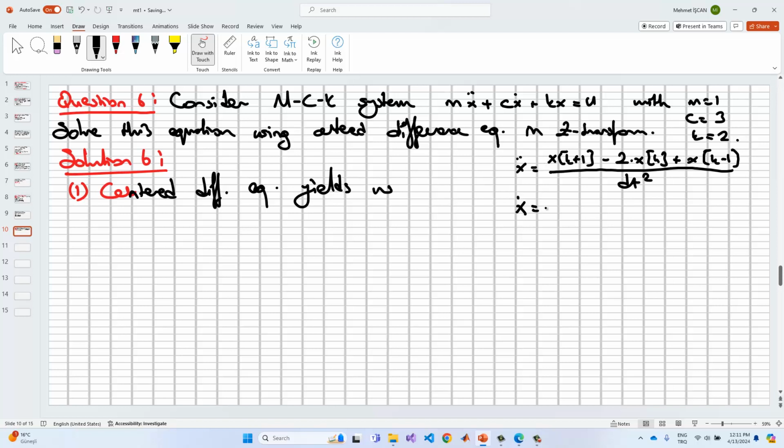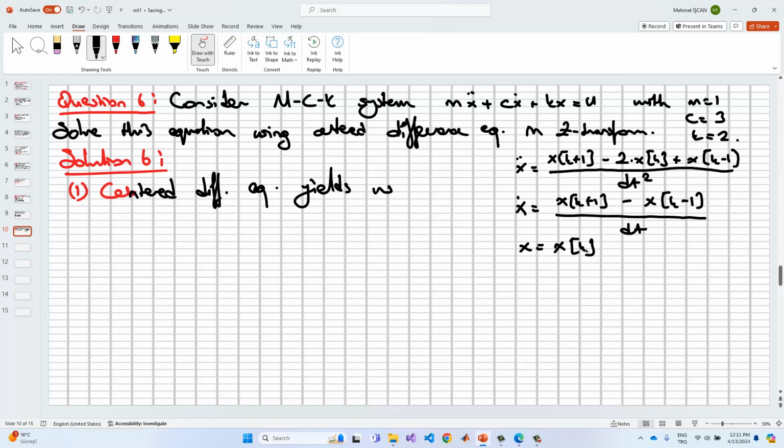And x dot is equal to x[k plus 1] minus x[k minus 1] divided by 2dt. And x is also considered as the k term in the centered difference equation.